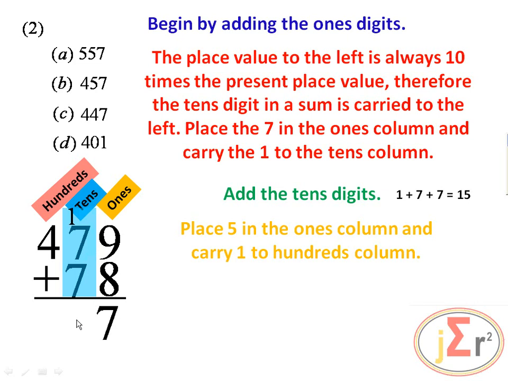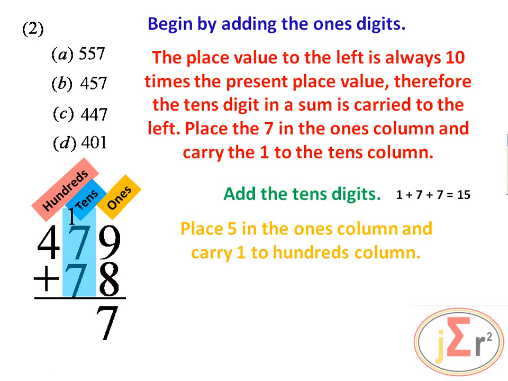Then we put the 1 right here in the hundreds column. Why? Because the 1 in this number 15 is the digit of greater significance. It is the digit to the left of the 5.